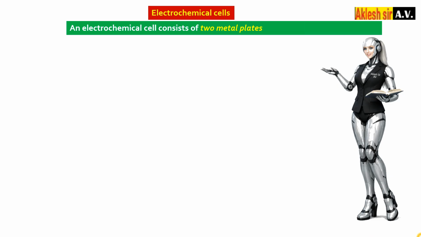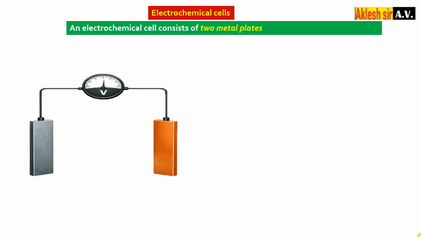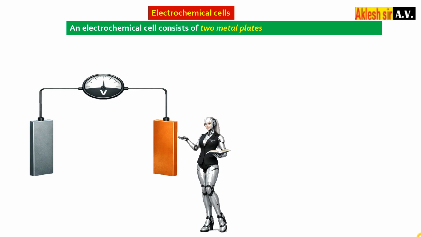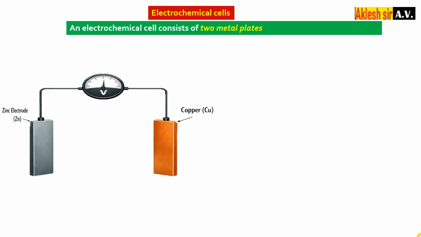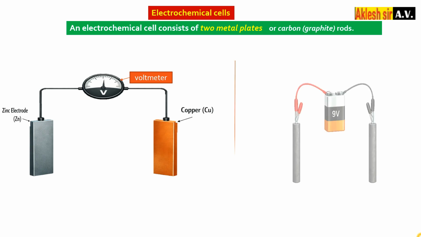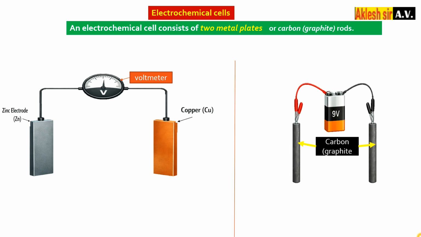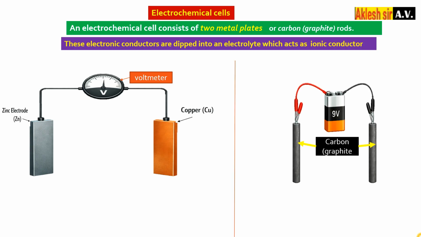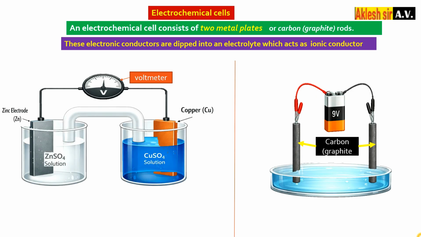Electrochemical cell topic. An electrochemical cell consists of two metal plates. Here in below animation, two metal plates, zinc plate and copper plate, are connected to voltmeter or carbon, graphite rods. These electronic conductors are dipped into an electrolyte, which acts as ionic conductor, that their ions help to conduct electricity.